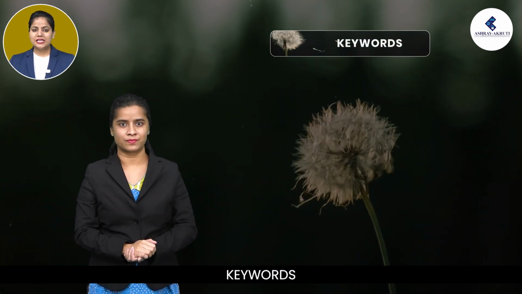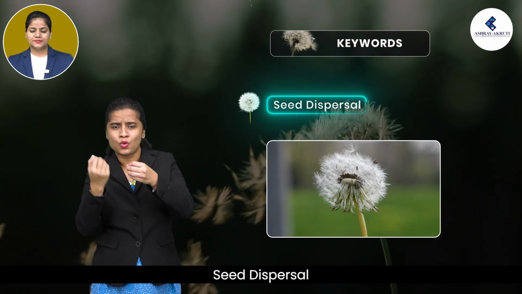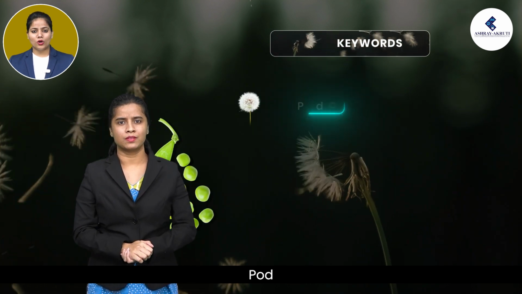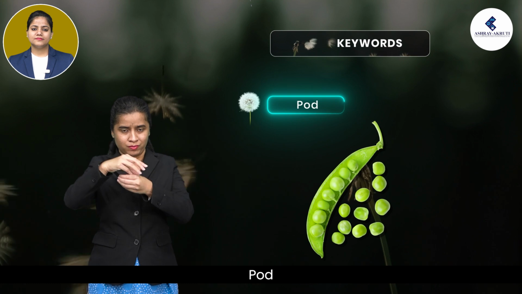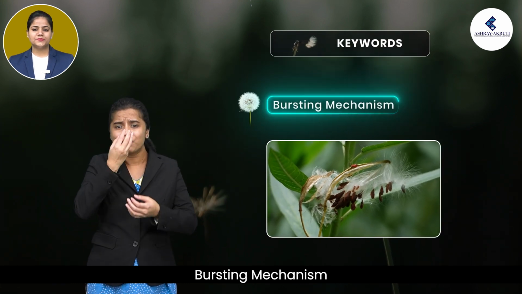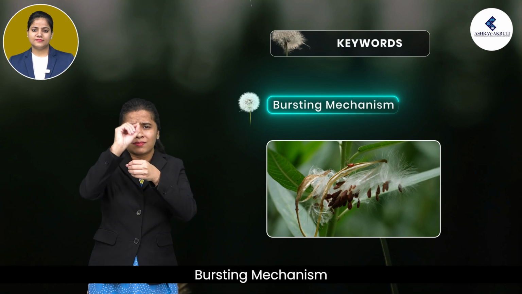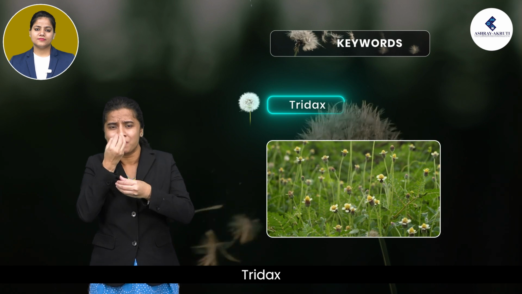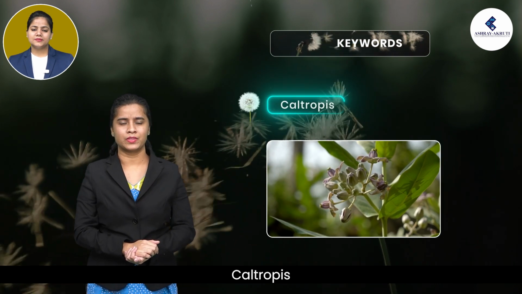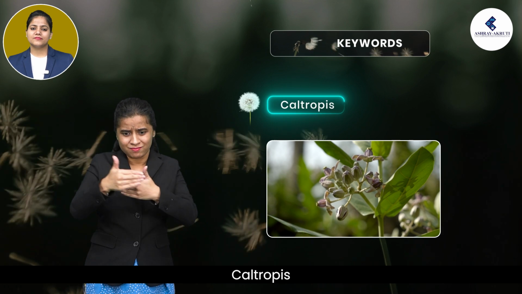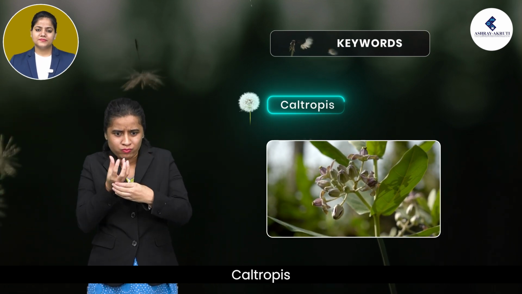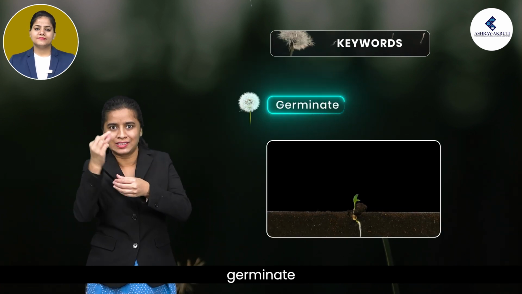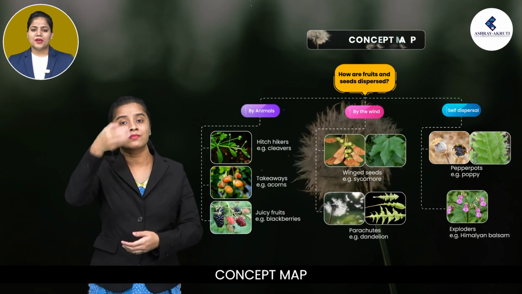Keywords: seed dispersal, capsule, pod, bursting mechanism, tridax, caltrops, germinate. Concept map.